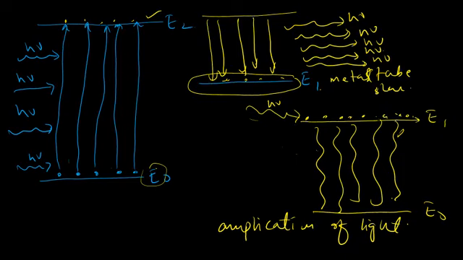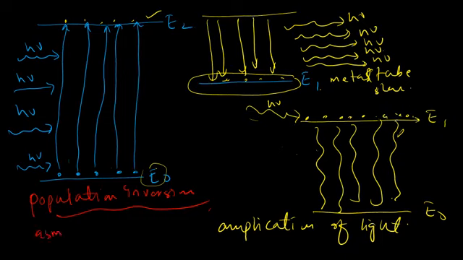Here we use another important term in the case of laser, which is called population inversion. This is another important term which is mostly used. This term describes the assembly of atoms in the metastable state.